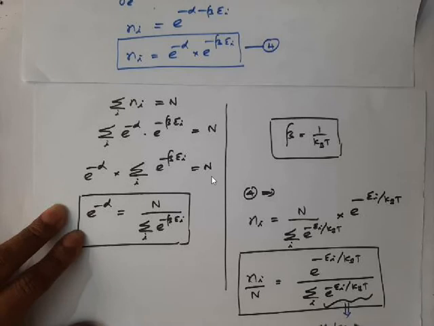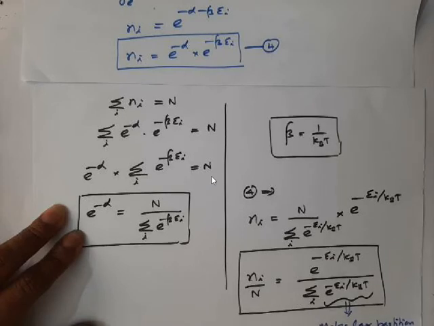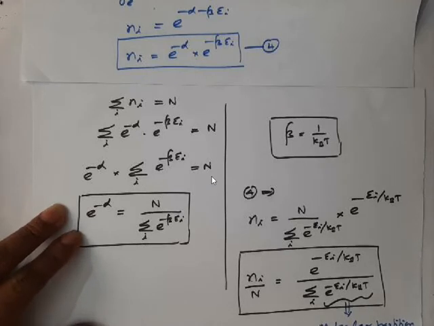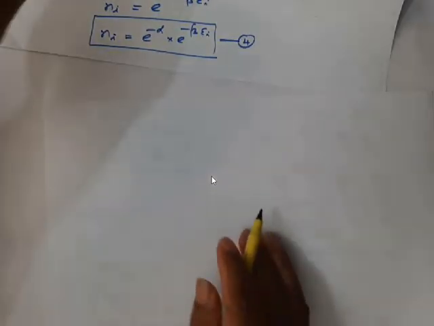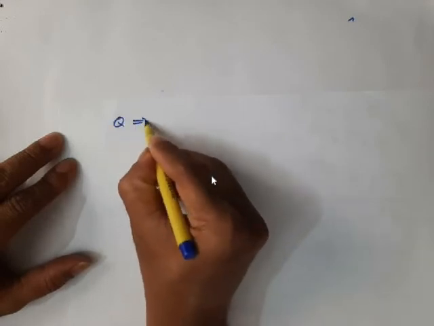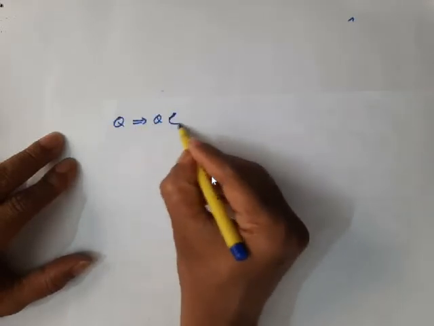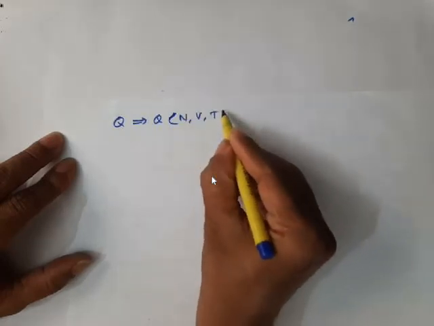It's called the molecular partition function, which I am going to represent by the symbol capital Q. Remember, this capital Q is actually a function of the number of particles, volume and temperature of the system.